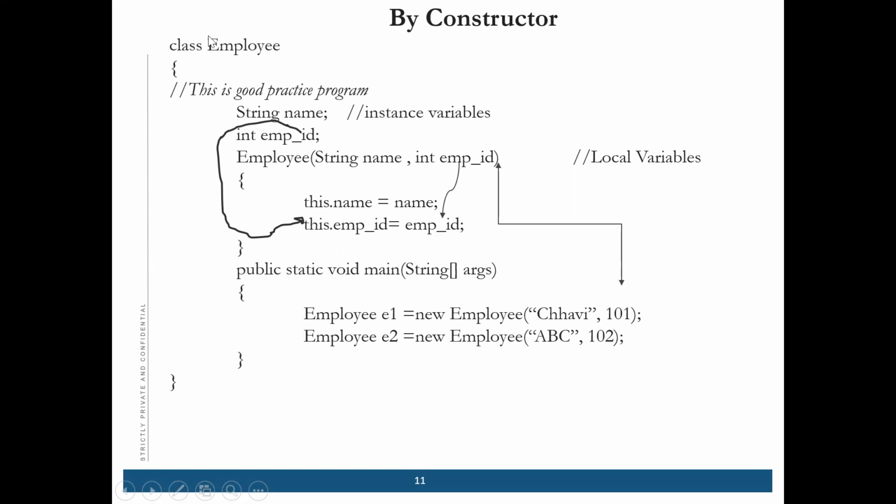Because the class is also employee, the method is also employee, and it doesn't have any return value. So this is a constructor. We put the values into the constructor's variables, and then by assigning these local variables to the global variables, they have the values we pass each time through the object.